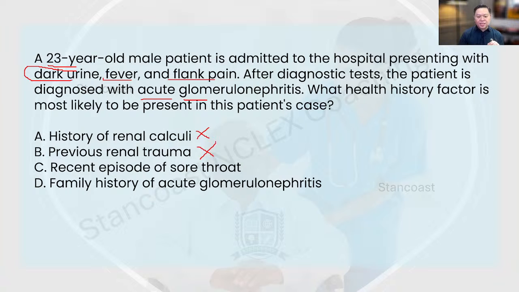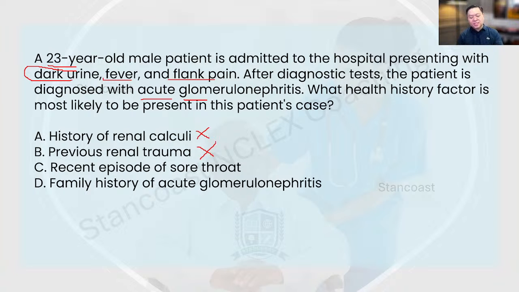What is letter C? Recent episode of sore throat. Now, I want you to recall what I said about glomerulonephritis: it could be associated with an infectious streptococcal infection, right? So it could be in the form of a sore throat or pharyngitis, or it could be impetigo.